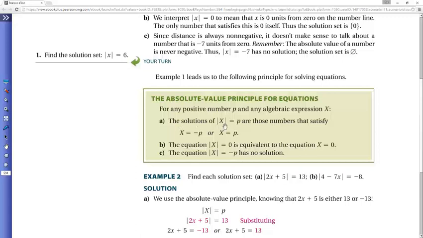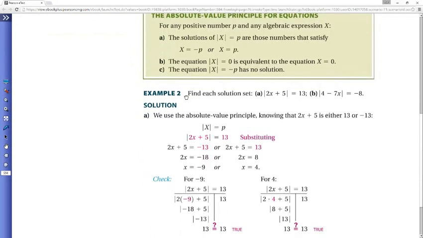The solutions of the absolute value of x equals p are those numbers that satisfy this condition: x will be equal to the negative of p, or x will be equal to p. The equation absolute value of x equals 0 has solution 0. And also this is important: if we have the absolute value of some expression equal to a negative constant, that is not possible.